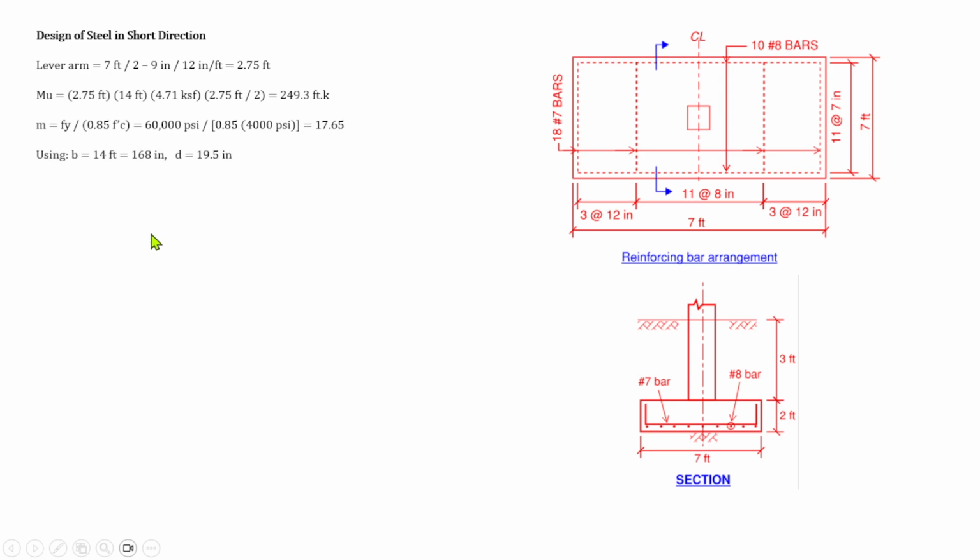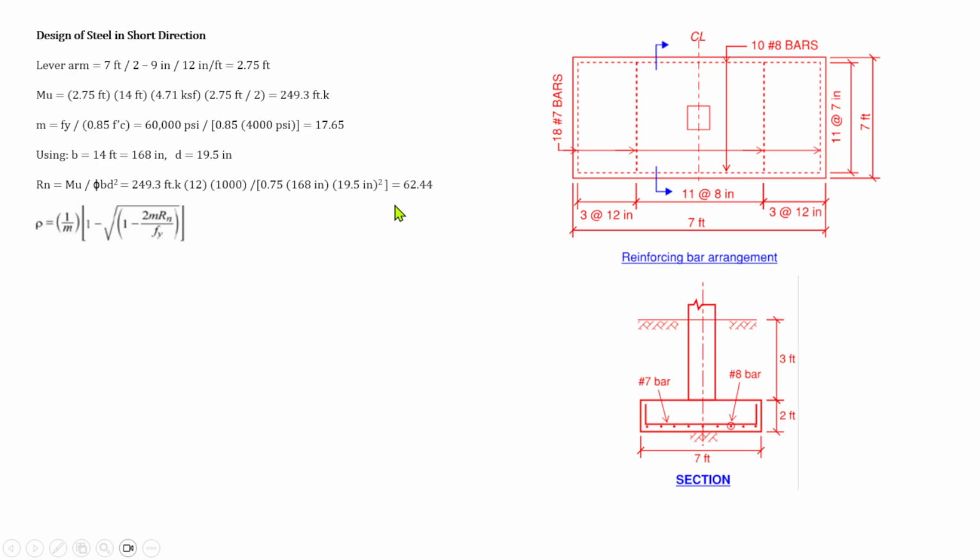So using B 14 feet, that is equal to 168 inches, and the depth of 19.5 inches. If we calculate the Rn, that is 249.3 foot kips times 12 times 1000, over 0.75, B is 168 inches, and the depth is 19.5 inches.